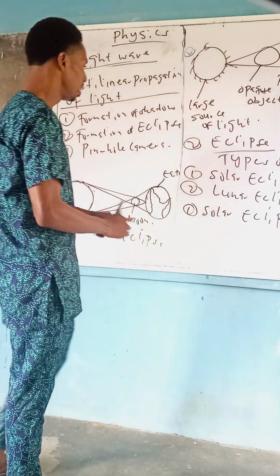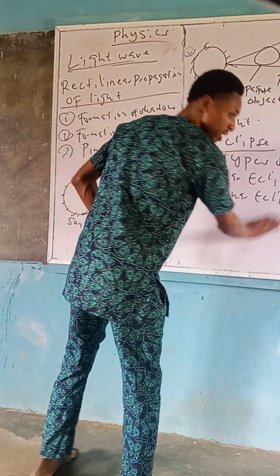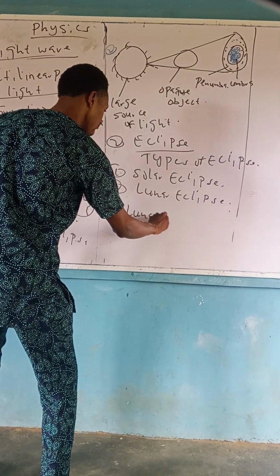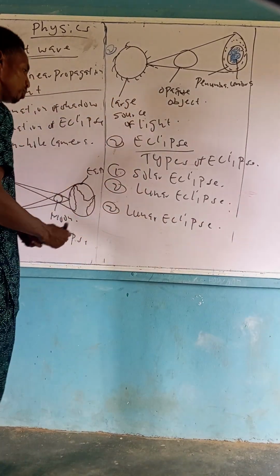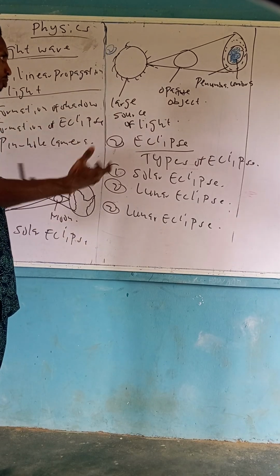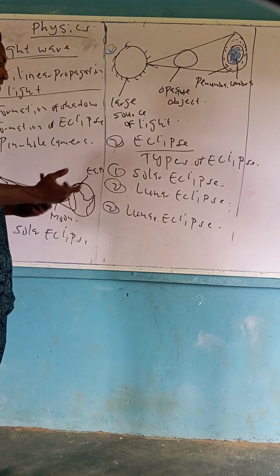So let me explain lunar eclipse. Number 2, lunar eclipse. What is a lunar eclipse? A lunar eclipse occurs when the earth comes in between the sun and the moon.